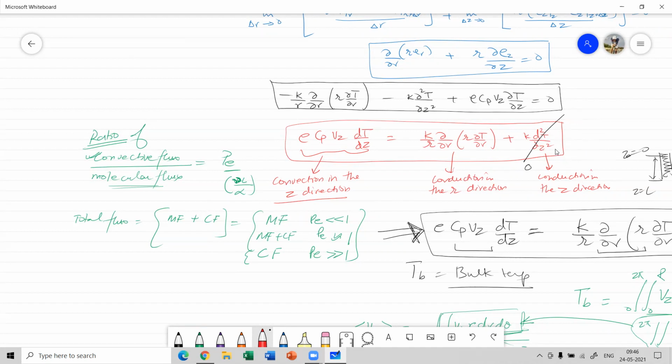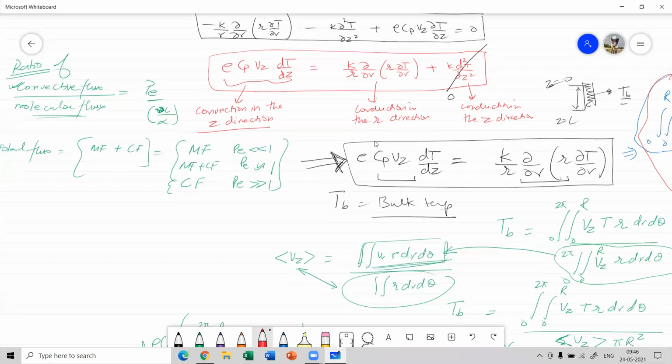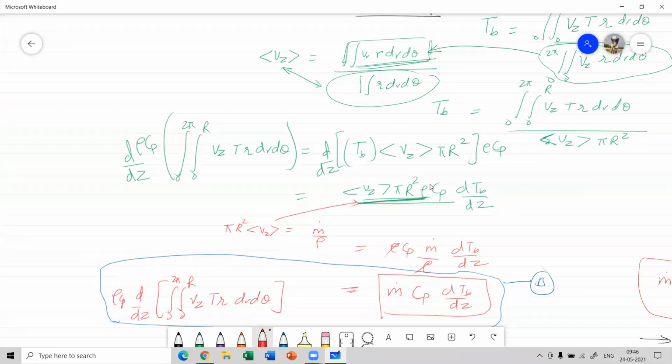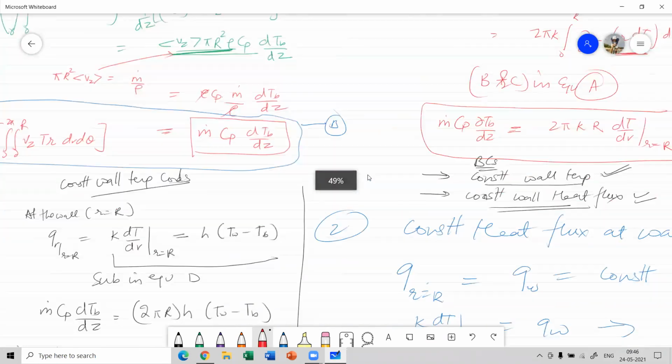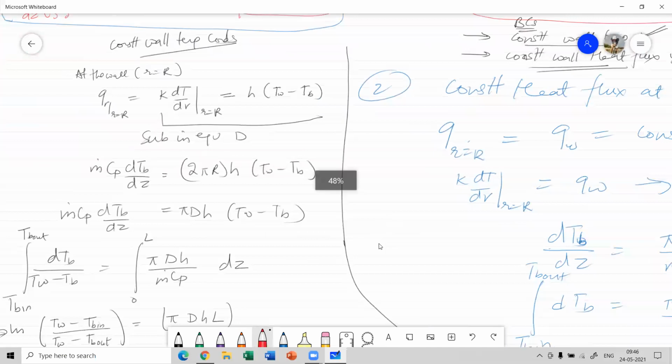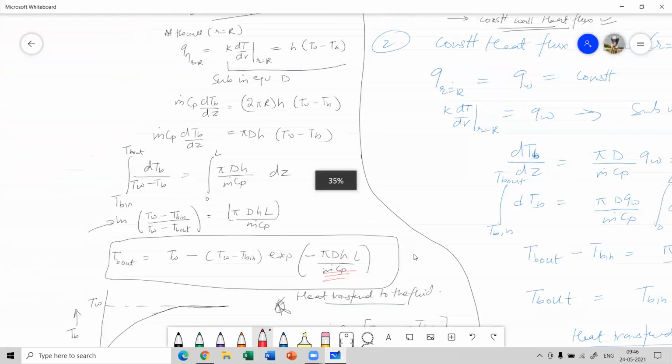So we took the convection in the axial direction, that is the z direction, and the conduction in the radial direction. We took this case, and we have this equation from here. And then we determined the bulk temperature, and based upon the bulk temperature for the two different cases, that is constant wall temperature and constant heat flux condition, we determined the temperature profiles respectively.